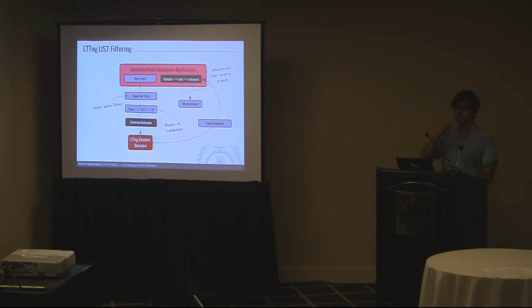Then you send the bytecode to the instrumented user space application, and this is where the next part of the filtering kicks in: you validate the bytecode, link the bytecode to the event which has been enabled, and then interpret it. Every time you hit that event, this small interpretation part will keep running, and you can then get your filtered events.